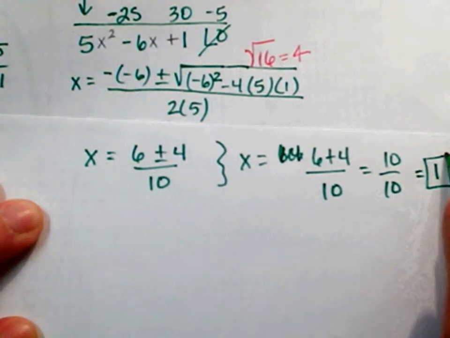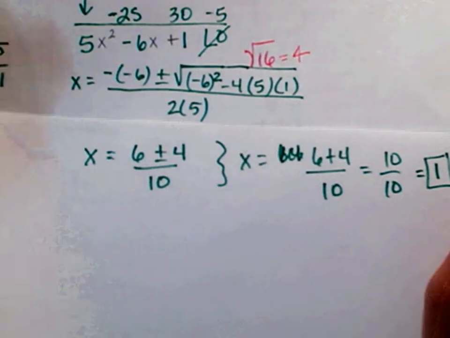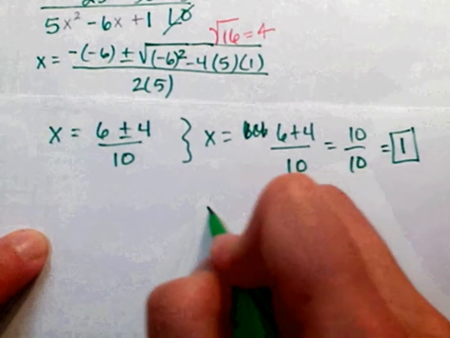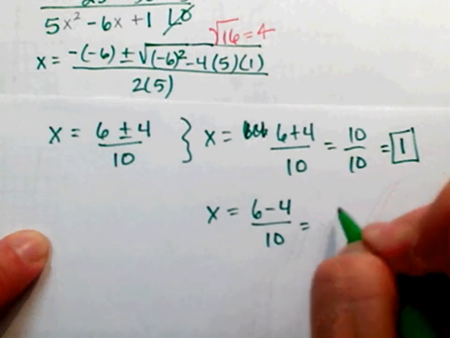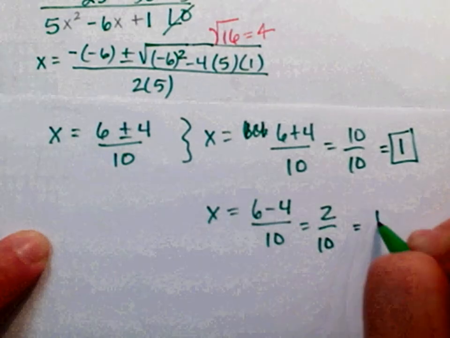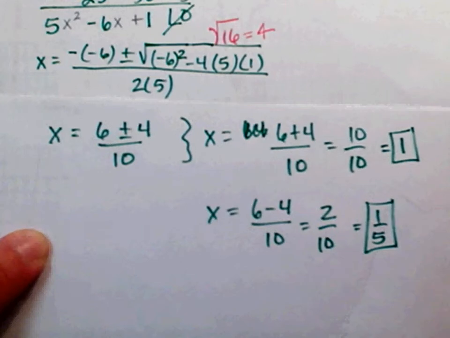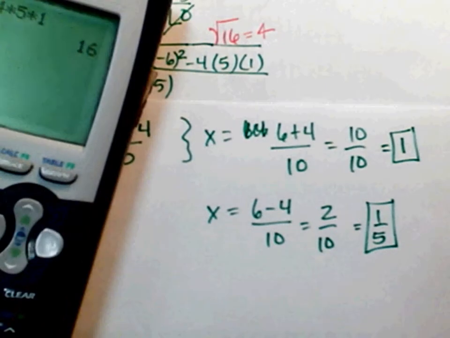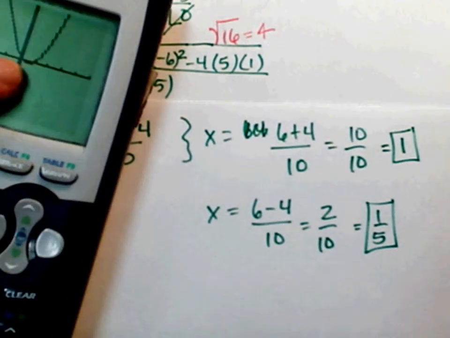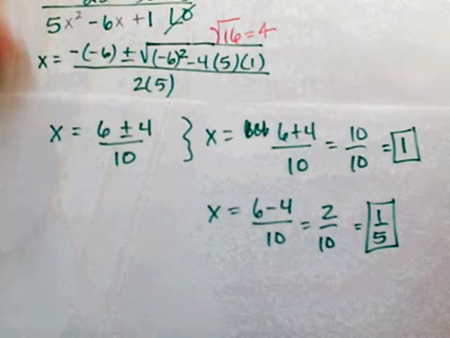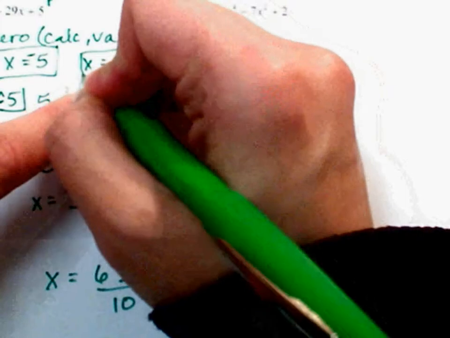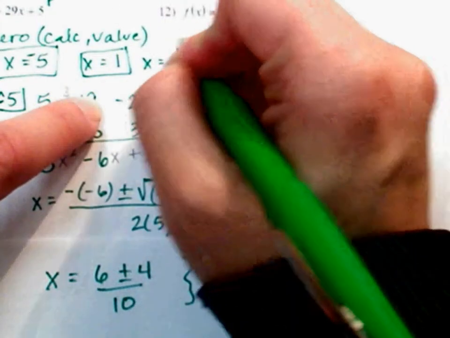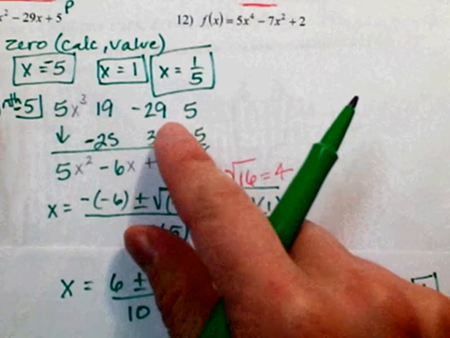So there's one of them. The other one, 6 minus 4 divided by 10 gives you 2 over 10, and that comes out to be 1/5. So your two answers up here will be 1, and your other one is 1/5. X to the third, 3 answers. You are done.